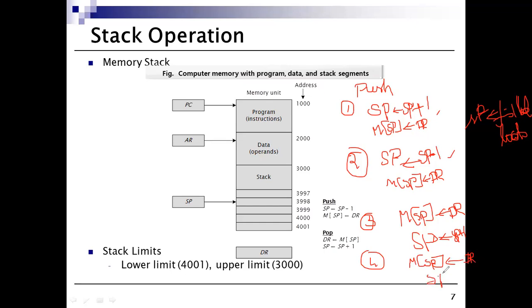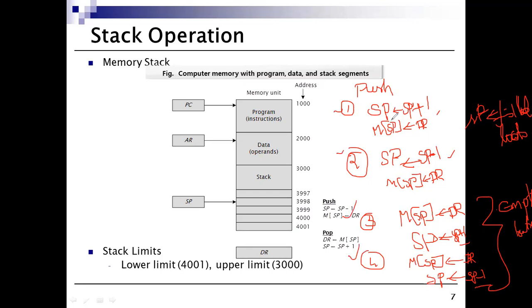After that, I will update my stack pointer as SP minus 1. Okay. In either of these 2 cases, the stack pointer is updating later. So SP is always pointing to an empty location. Okay. So this way we have 4 different kinds of organizations.